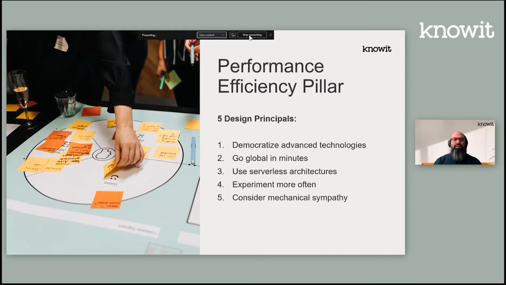You have the performance efficiency pillar, which has five design principles. This talks about making use of serverless as much as possible, because then you are not actually guessing the capacity and the performance criteria.